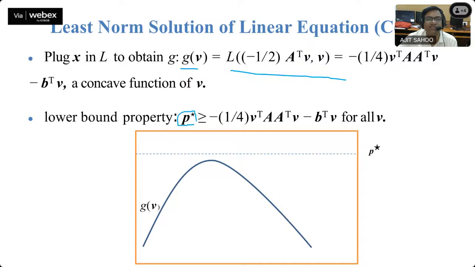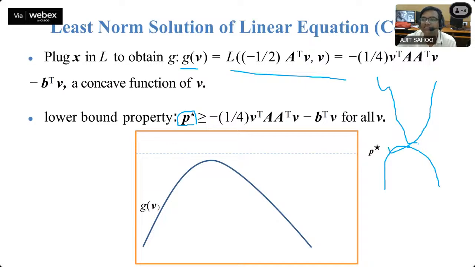You can say p star will always be equal to or above that. Even if, for example, the primal function is not convex, the dual function will always be concave, so the maximum value will be below the primal one.